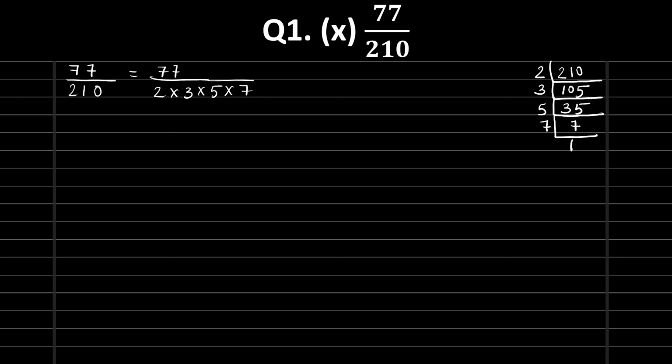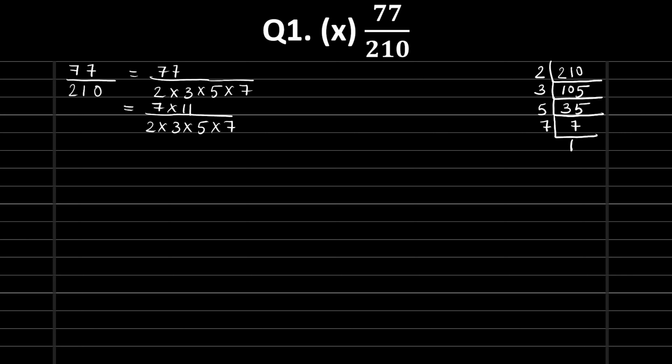Now clearly 77 can be written in the form of 7 into 11, and in the denominator we have 2 into 3 into 5 into 7. Right? 7 and 7, we have a common factor in the numerator and denominator. So at first, if you look, the prime factorization of 210 contains 7 and 3 as prime factors apart from 2 and 5. So you might think that it is not of the form 2 raised to n into 5 raised to m.